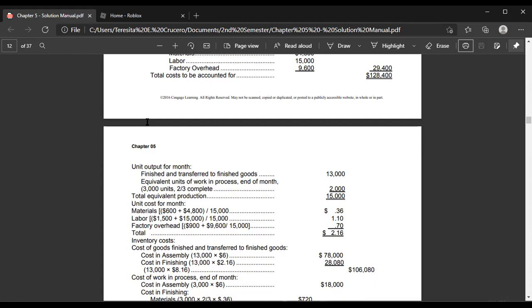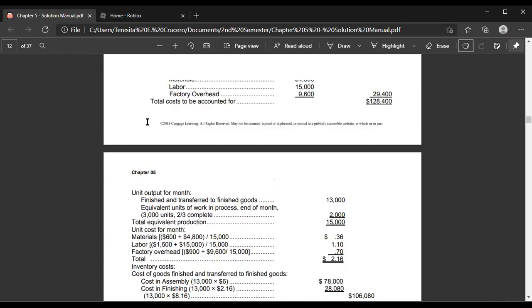So hopefully by tomorrow I can finish lecturing on the problems so that by Friday we may begin with chapter 6, the continuation of process cost.